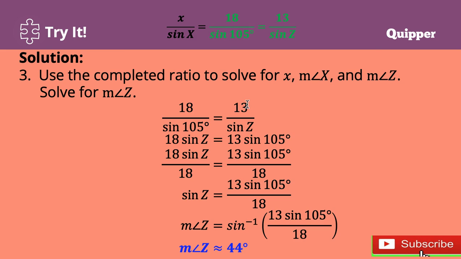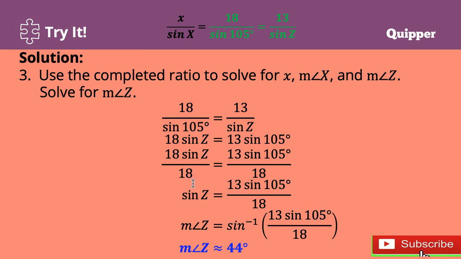Applying the cross product property, now we have 18 sine z is equal to 13 sine 105 degrees. Next we are going to divide both sides by 18, since we are looking for the measure of angle z.